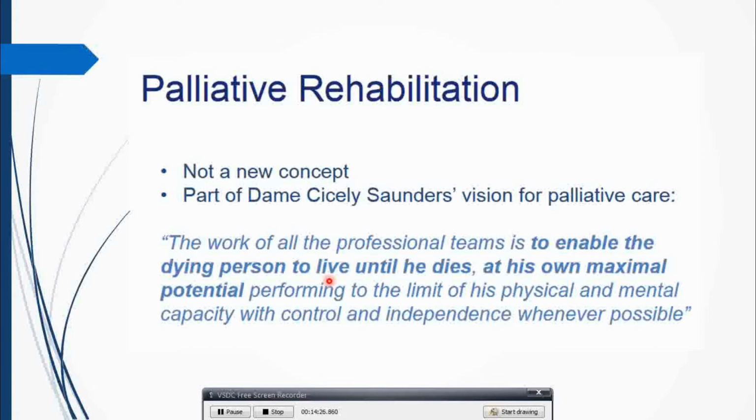Maknanya orang tu kita bantu dia supaya dia boleh hidup seperti biasa dengan maksimum, sesempurna yang mungkin, at his own maximal potential, performing to the limit of his physical, maknanya dengan physical yang dia ada, dia boleh hidup lagi, dan mental capacity, control dalam keadaan dia memang ada control and independence bila-bila masa yang diperlukan.